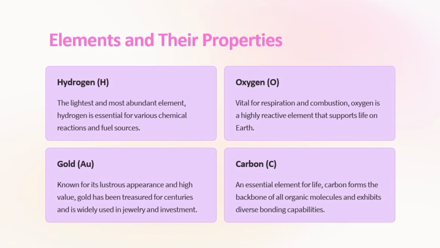So, now, as I said earlier, I want us to continue, and we are talking about elements and their properties. So, we have the first element on the periodic table being hydrogen. Hydrogen is the lightest and the most abundant element.